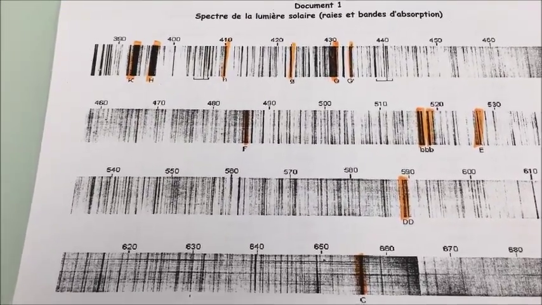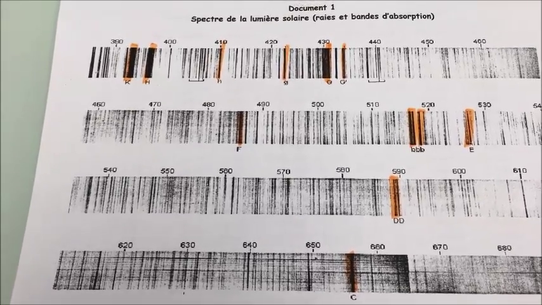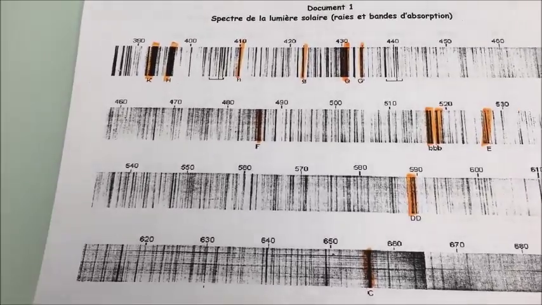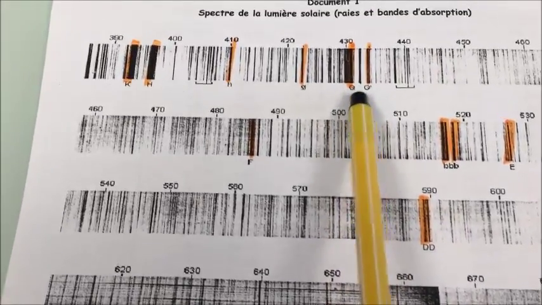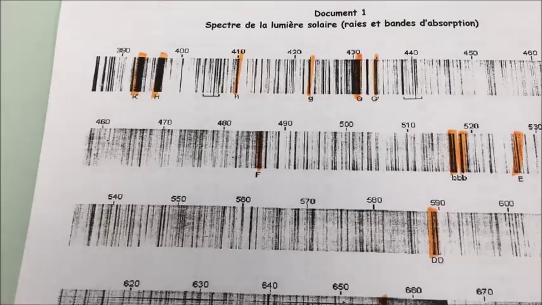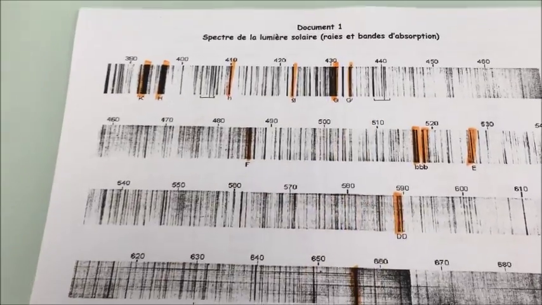And then we can see that the iron rays are stronger. So it was here next to the hydrogen. So here you can see that it's larger than the hydrogen.